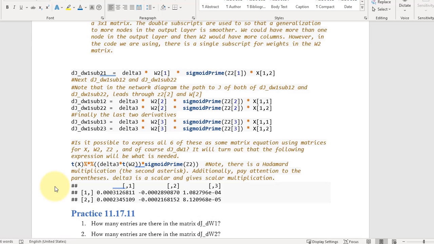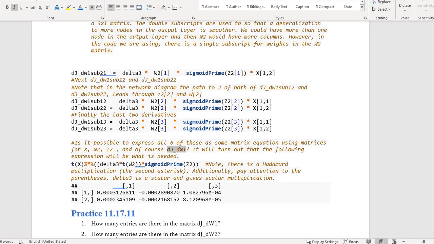Then we note that it's possible to express all 6 of these as some matrix equation using matrices for X, W2 weights, Z2, and of course this. It will turn out that the following expression will be what is needed. So we take the transpose of X and matrix multiply it.